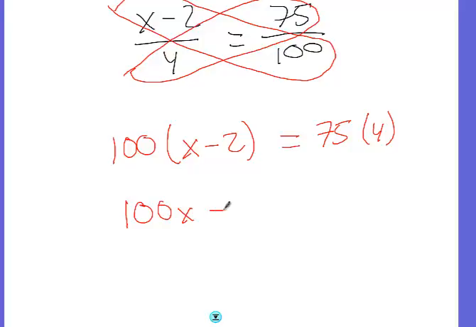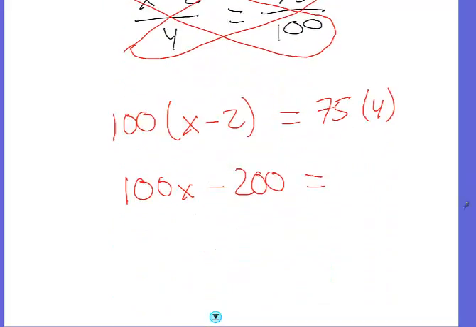Which comes out to 100x minus 200 is equal to, what's it going to come out to? 75 times 4, I can't do this in my head. 75 times 4 is 300.